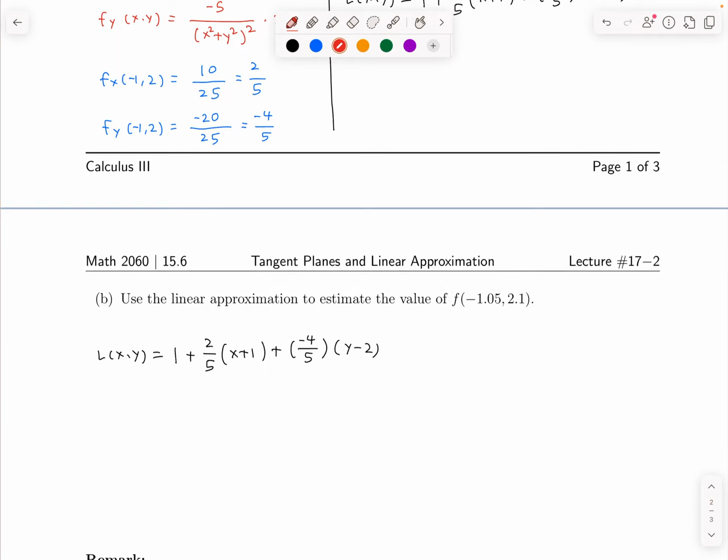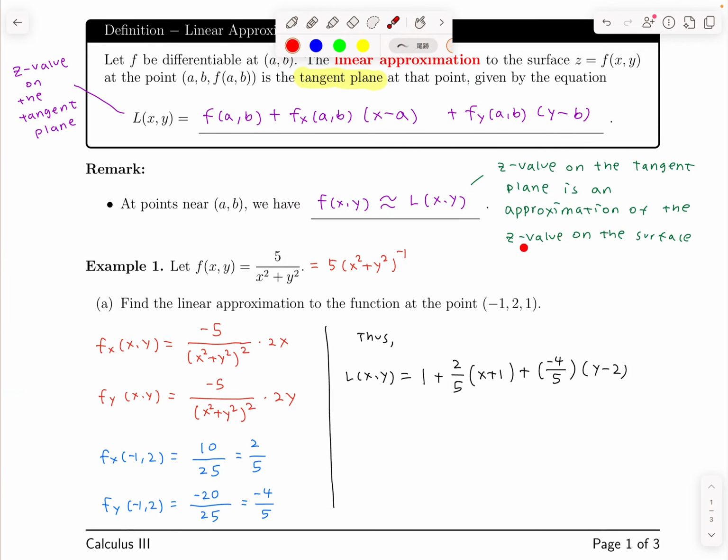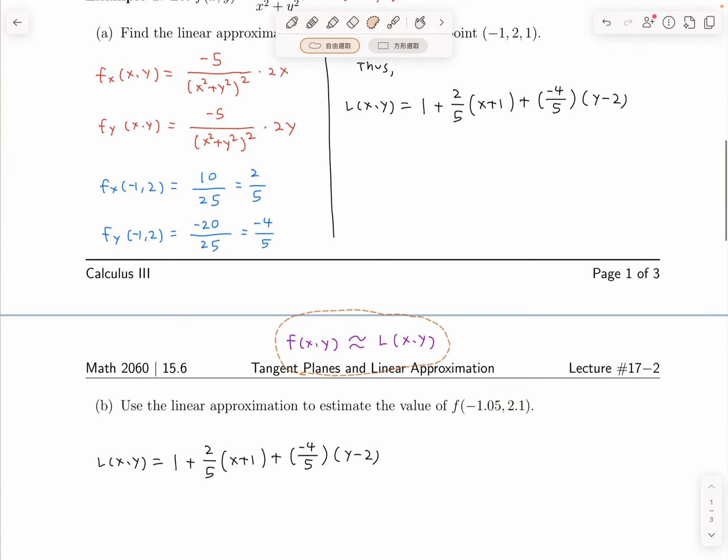Now remember, this is the z value on the tangent plane. And we say that we want to use the z value on the tangent plane to be the approximation of the z value on the surface. Let's take a look at this again. The z value on the tangent plane is an approximation of the z value on the surface. So basically, we have f of (x, y) approximately equal to L of (x, y).